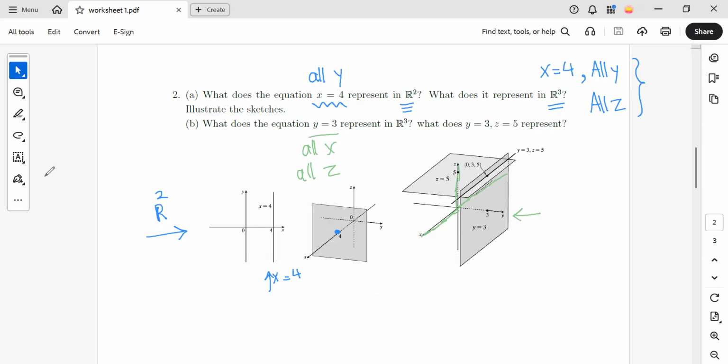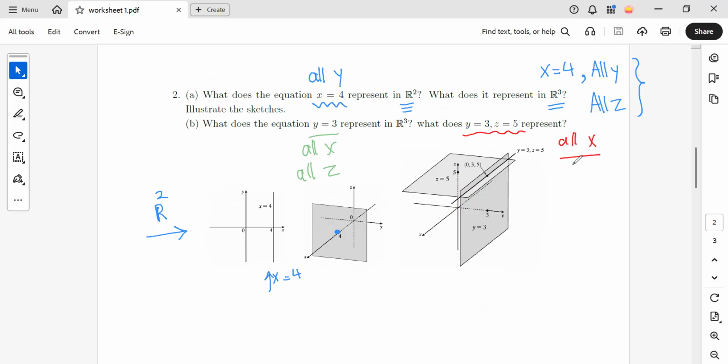Okay, next part is, what does y equals 3 and z equals 5 represent? It means that y is fixed, z is fixed, but we have all x values.